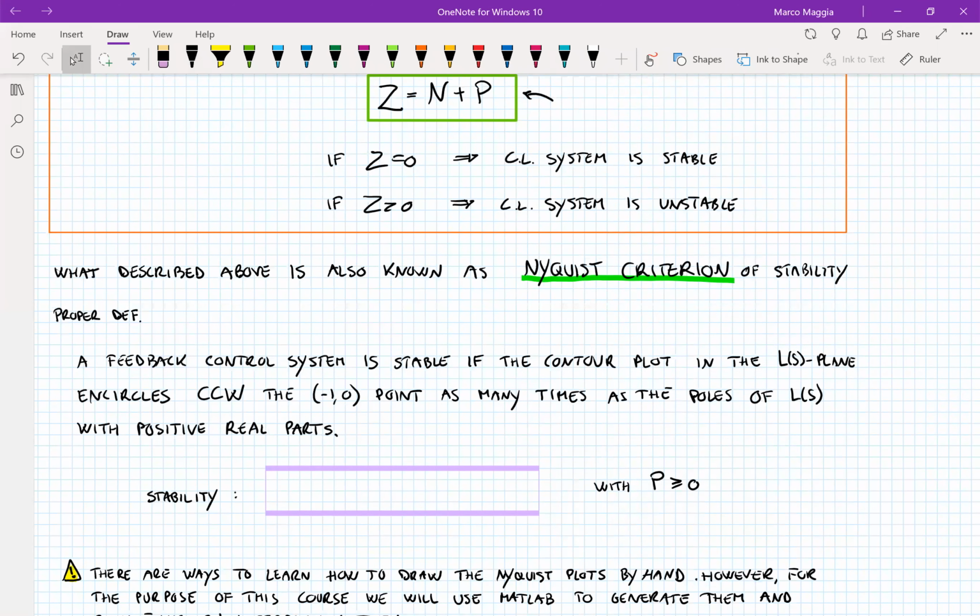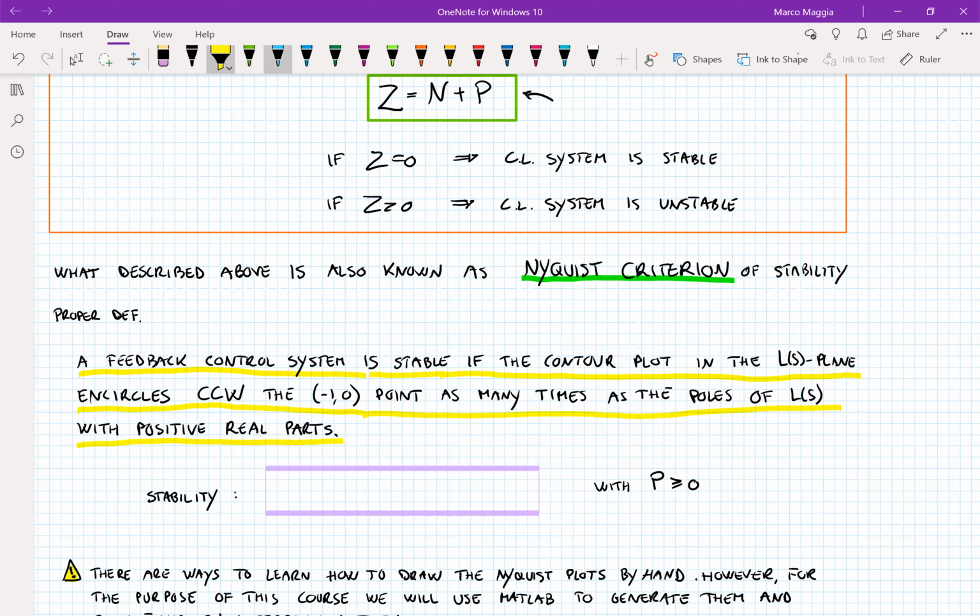And so here is just a more formal, more proper definition of the Nyquist criterion. If you've understood, again, you might have to watch it another time and think about it, but it says that a feedback control system T(s) is stable if the contour plot in the L(s) plane encircles counterclockwise the (-1, 0) point as many times as there are poles of L(s) with positive real parts.